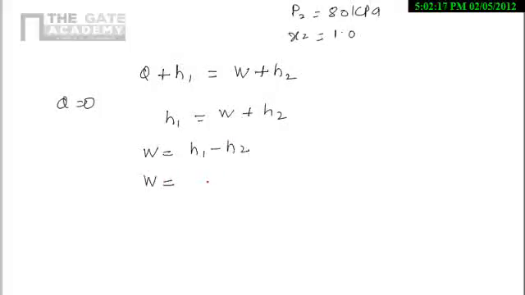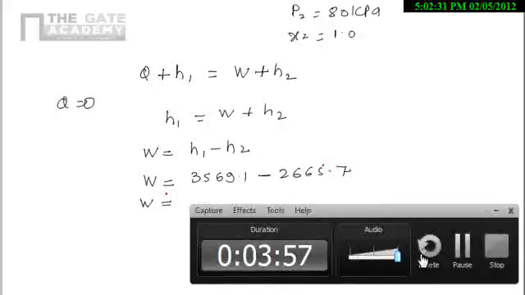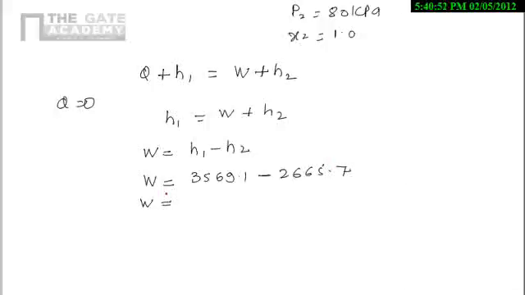We are having the value of H1, that is 3569.1, minus H2, which is 2665.7. So now if we calculate the value of W, it will come around 903.4.